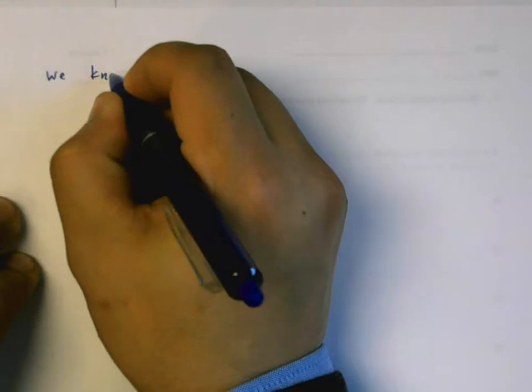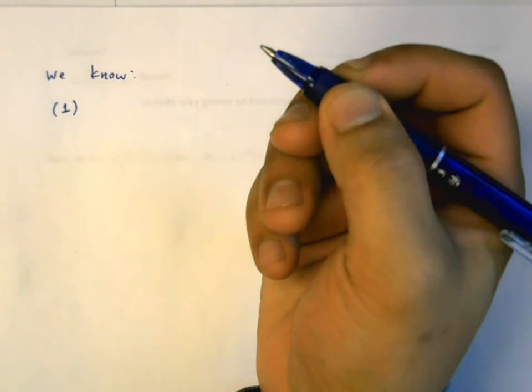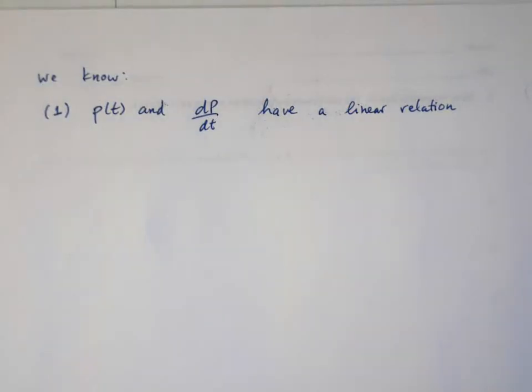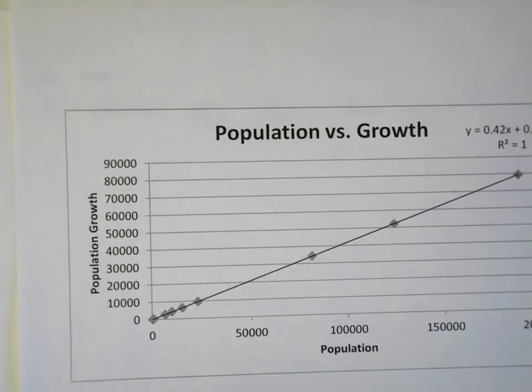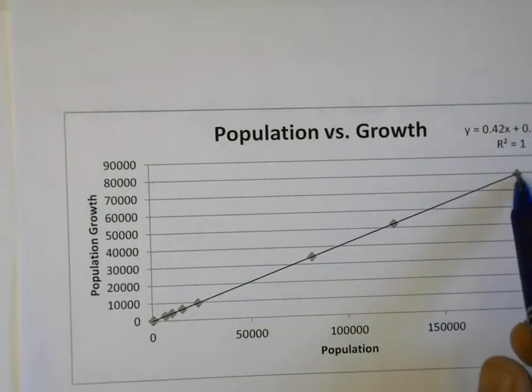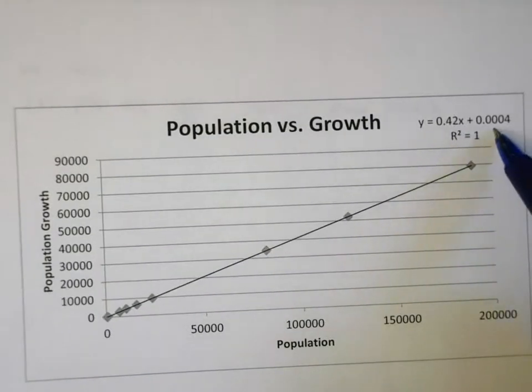So let's see, what do we know? We know that first, population and its growth rate are linear. In other words, P of t and dP over dt have a linear relation. Next, if you look at this image here once again, you can see that not only is its correlation linear, the y-intercept is practically 0.